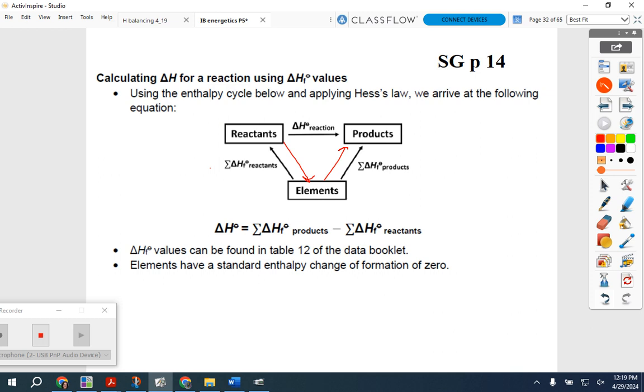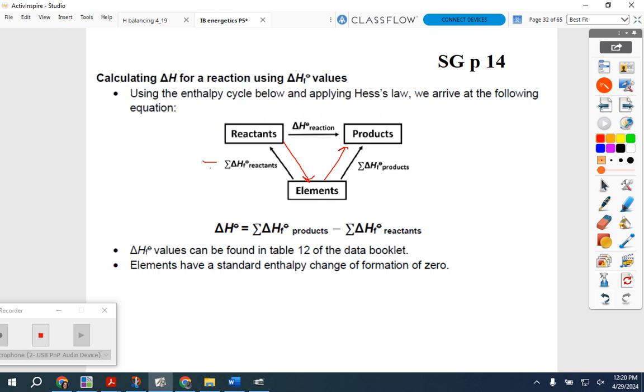Okay? And so this one is going to be going against the arrow for the enthalpy that we know. So we are going to flip the sign on the sum of the enthalpies of our reactants. The products is going in the same direction in our enthalpy cycle, so we are not flipping the sign for the products.